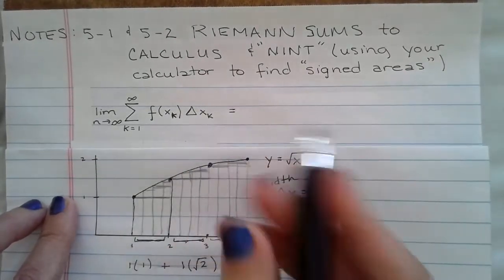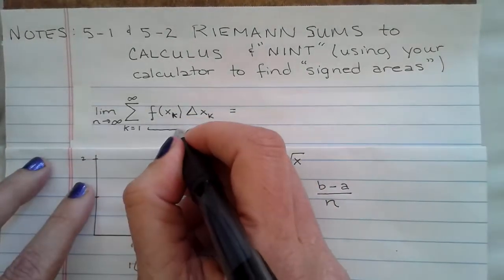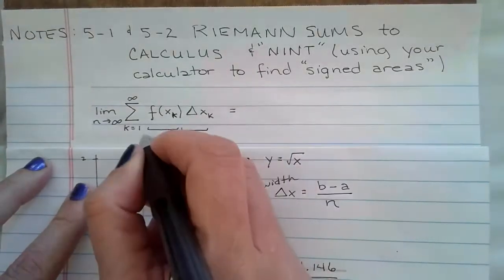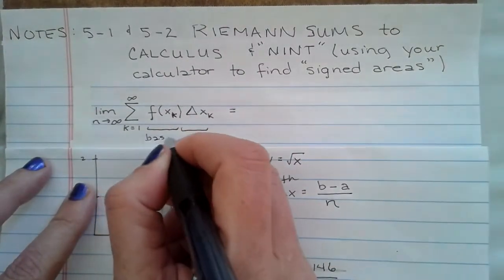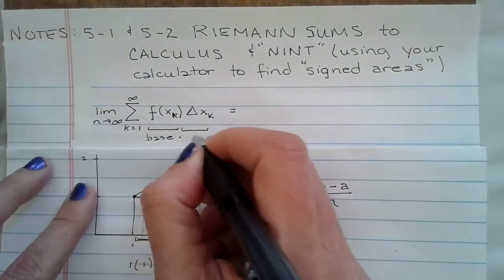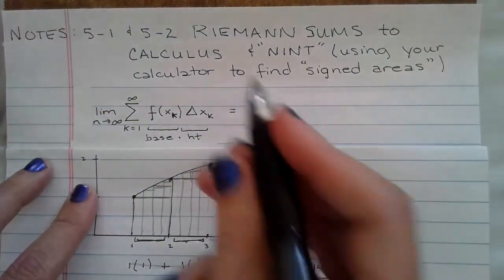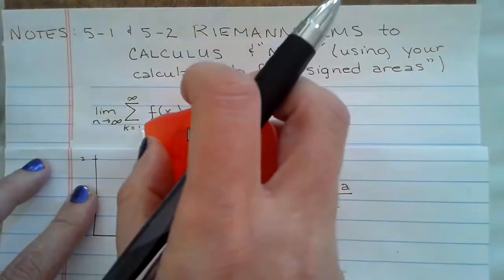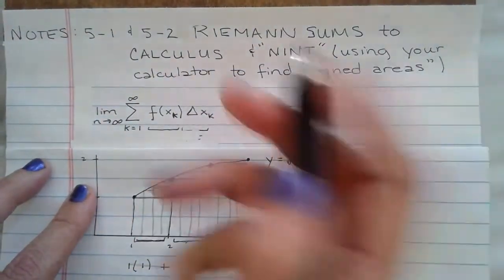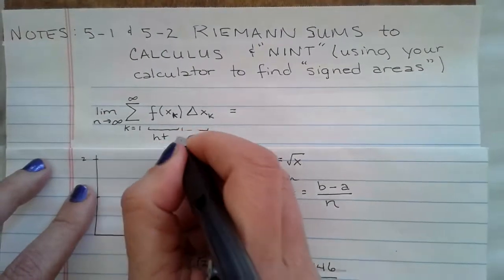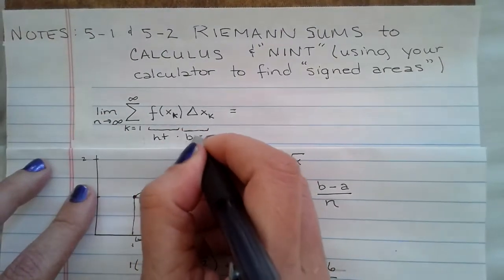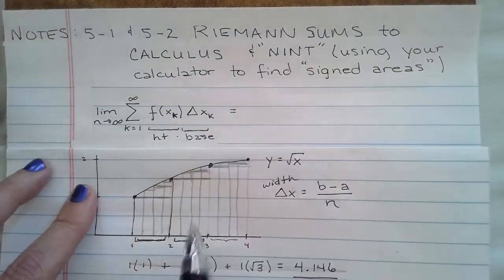That's all this is representing, and you should write that down if you think you might forget, because this can get tricky if you lose track of what this Riemann sum is. It really is just a rectangle area. I wrote that backwards, so I'm going to white it out and write it again: the y value was the height, and this was the base, the change in x, the width.